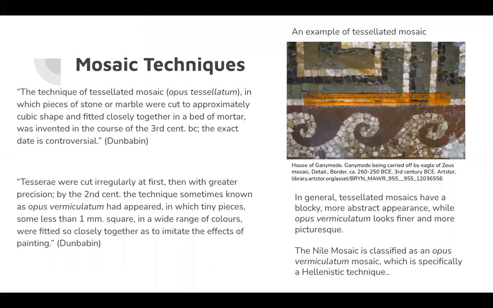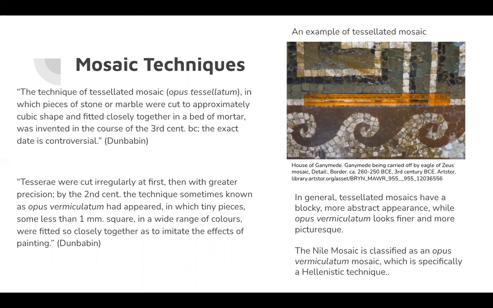So, mosaic techniques. I mentioned tessellated mosaics before when I quoted Pliny, but basically a tessellated mosaic is a very standard mosaic, where chunks of marble or glass or stone or whatever was being used to make the mosaic were cut into respectively small pieces, probably like dime-sized by our standards, and set in a bed of mortar.